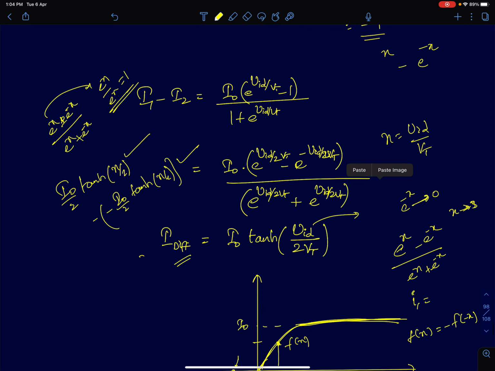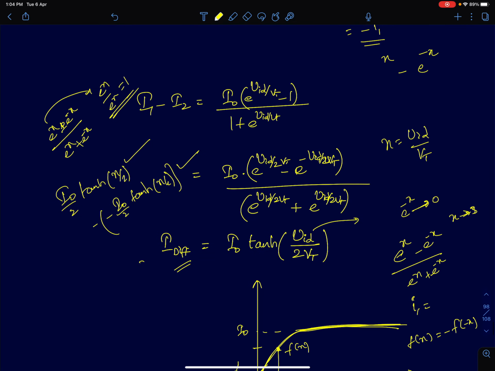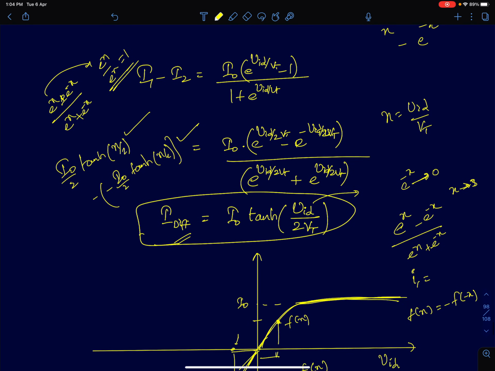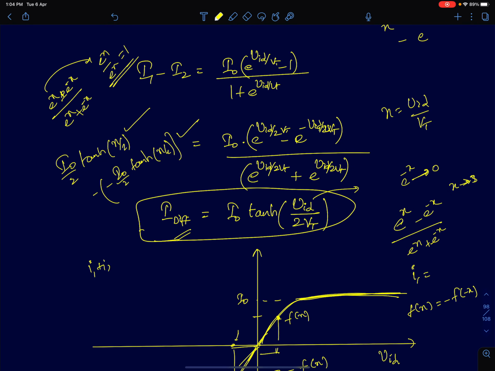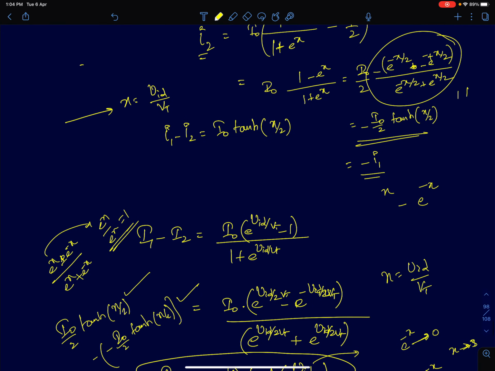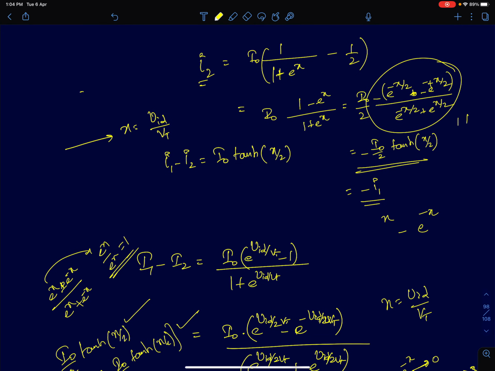And if you calculate your common mode current, that will be I1 plus I2, which is equal to 0. Now here we need to look at these currents and start making some observations and compare it with voltage biased differential pairs.